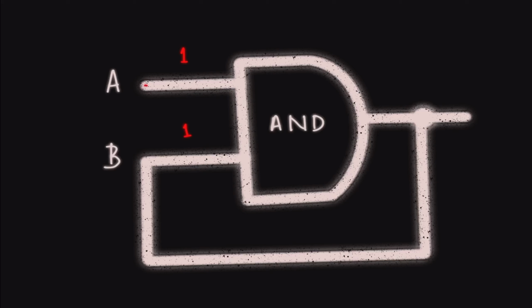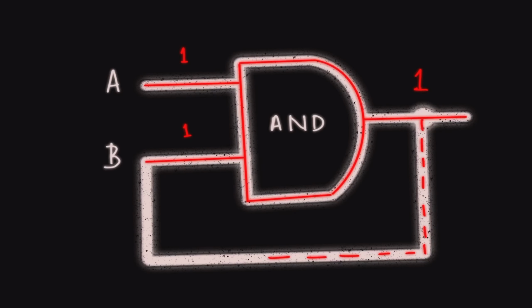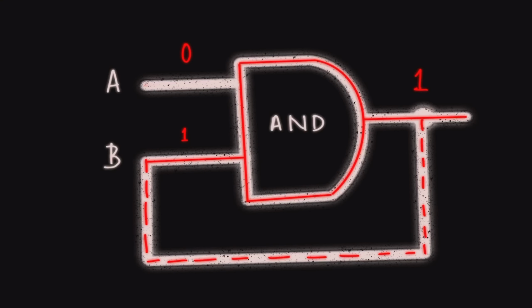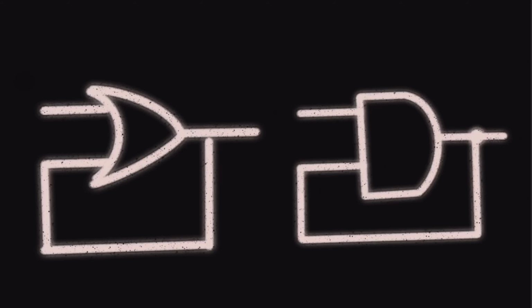If we start with both inputs at 1, the output will be 1. 1 and 1 outputs 1 forever, unless you change A to 0. Since it's an AND gate, now the output will change to 0. The output will loop back to 0. Again, we face the same issue as the previous circuit. The output now being 0 cannot change back to 1 no matter what the input.